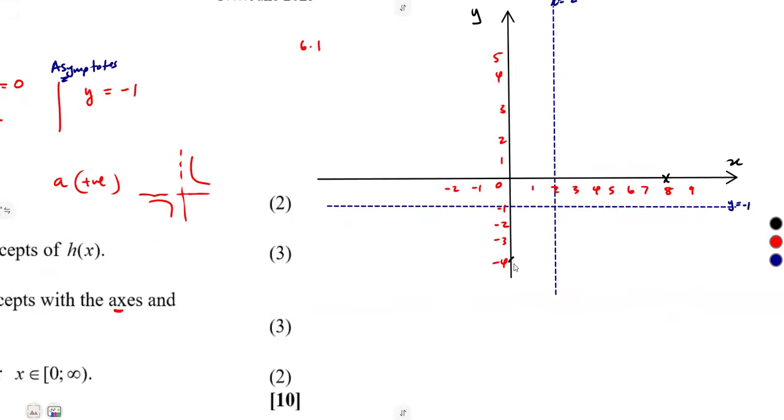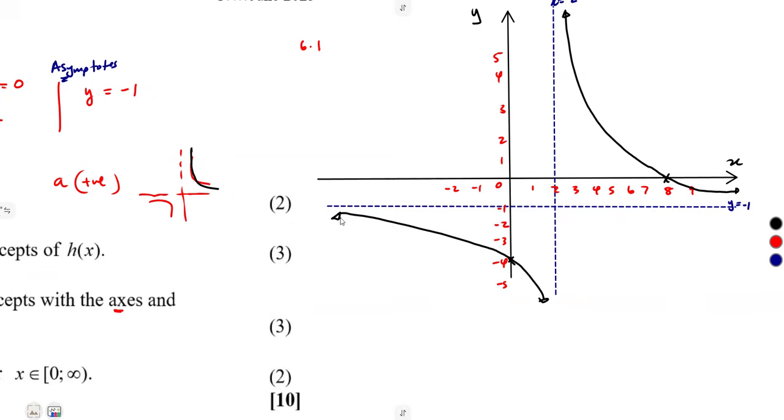So this is your y-intercept. The sketch must have something like this, within this region. Then within this region, we're going to have our shape like this, passing through the y-intercept at -4.